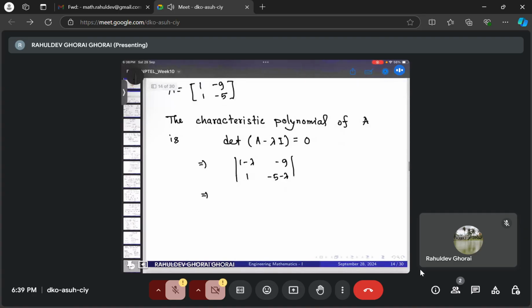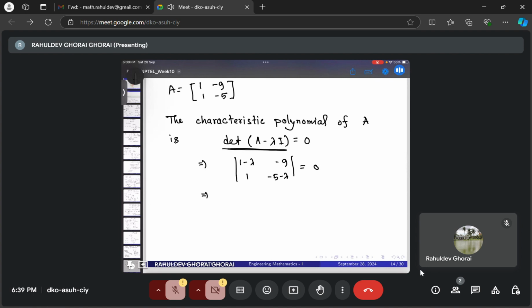That implies the characteristic polynomial is this, and the polynomial equal to 0 will give you the roots of the polynomial, and those are nothing but eigenvalues.